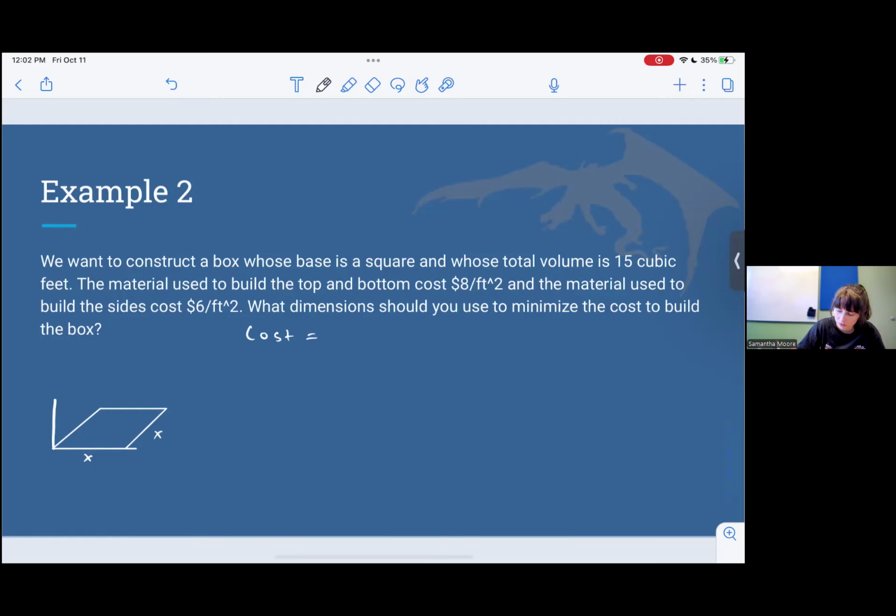And then we're going to have some height that might be a different number, so let's make that height y. This is the box that we're looking at.